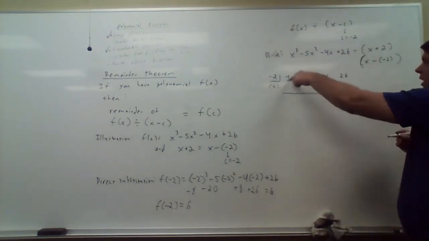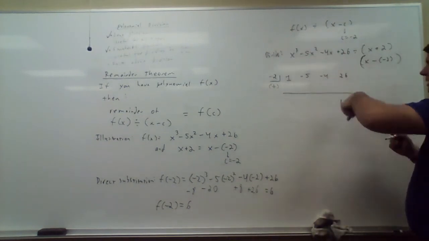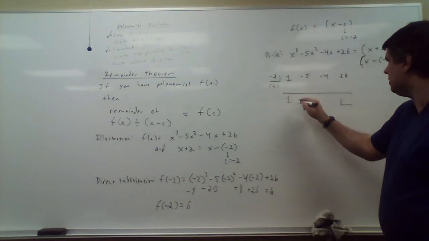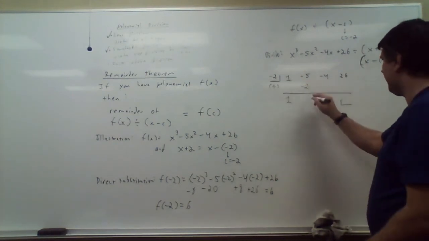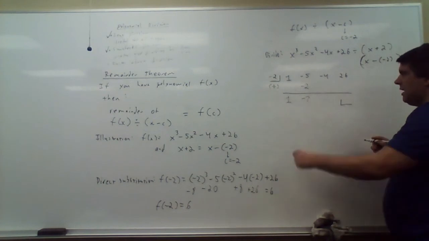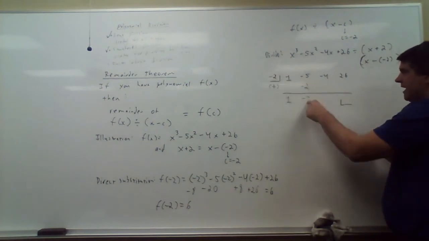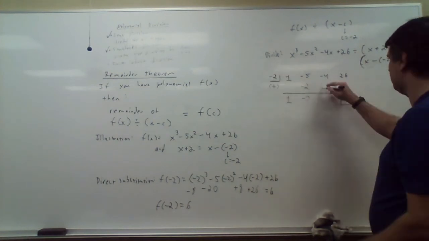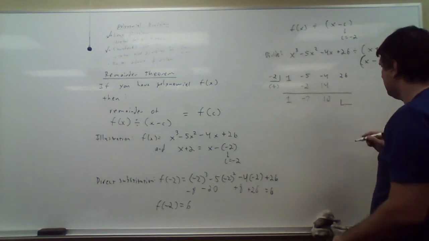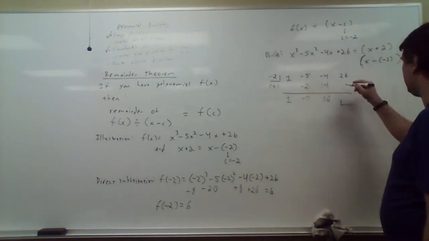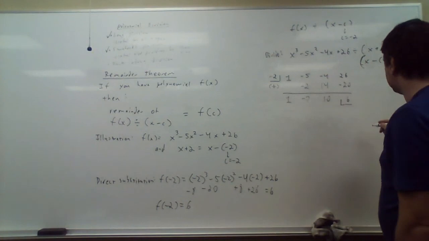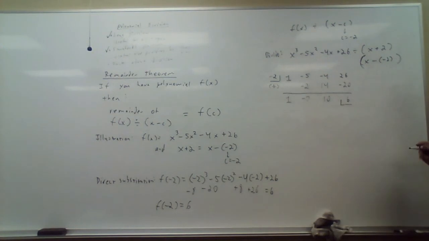Bring down the 1. 1 times negative 2 is negative 2. We get negative 7. Negative 2 times negative 7 is positive 14. We get 10. 10 times negative 2 is negative 20. We get 6. Okay?